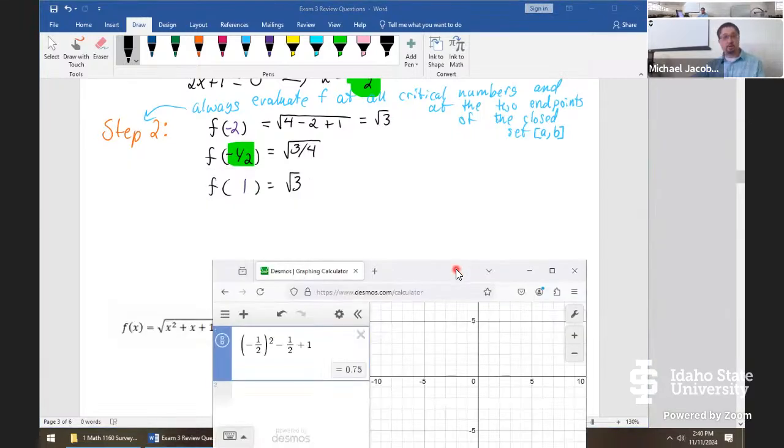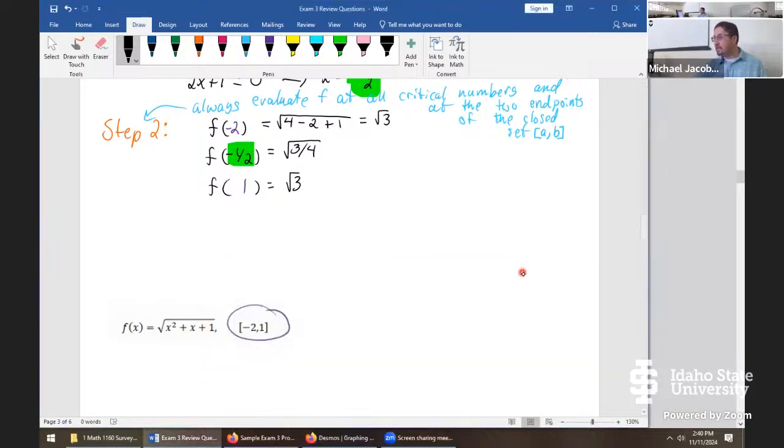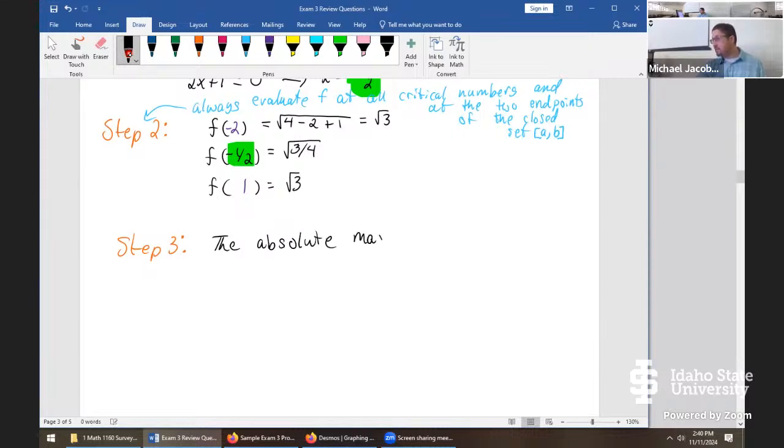And that takes us all the way now to step 4. In step 4, excuse me, not step 4 yet, or at all. In step 3, we're just going to state the maximum and the minimum of the original function f. I think we are done with that screenshot there. So, well, it looks like root 3 is larger than square root 3 divided by 4. So we can now say the absolute max is square root of 3.